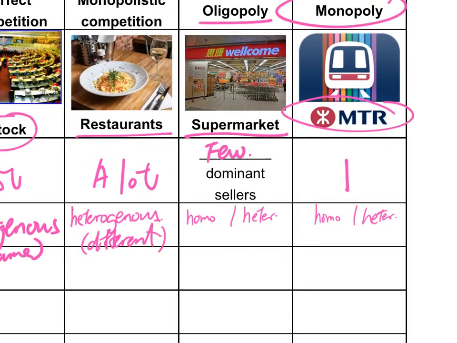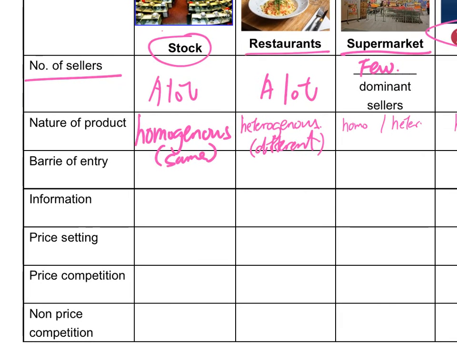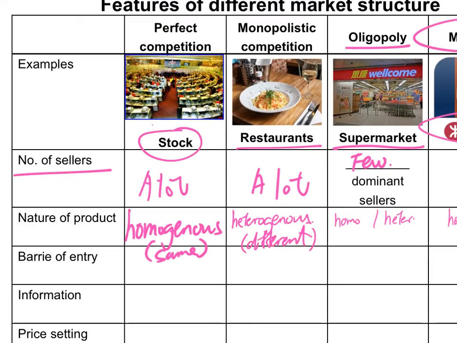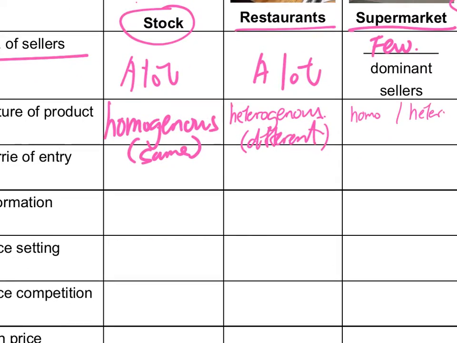It depends. Then for the barrier to entry, why do perfect competition and monopolistic competition have so many sellers? Because they are free to join the market. Free does not mean that they don't need to pay any cost. Free means no regulations, no restrictions. So if they are willing to invest in the market, they can do it.